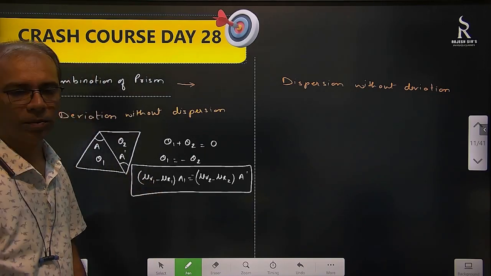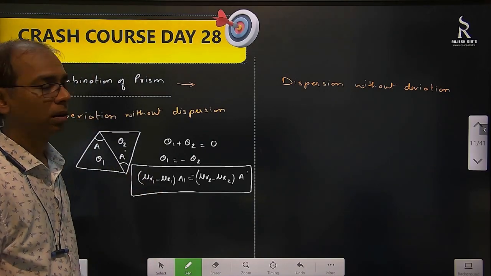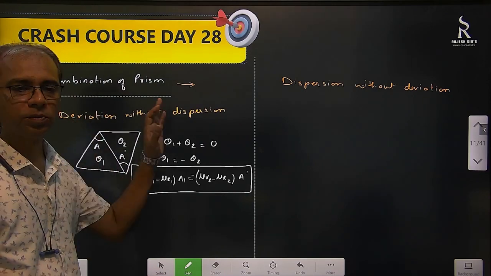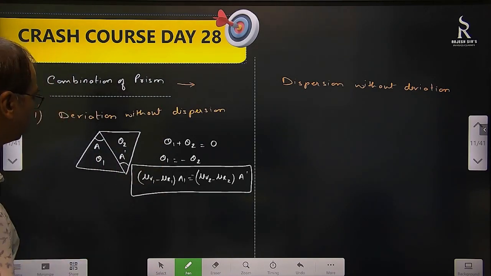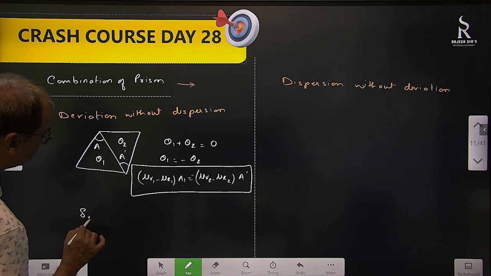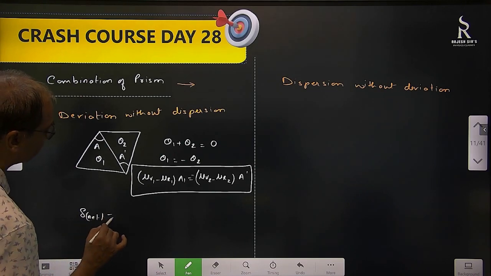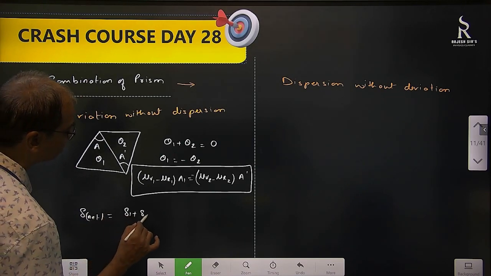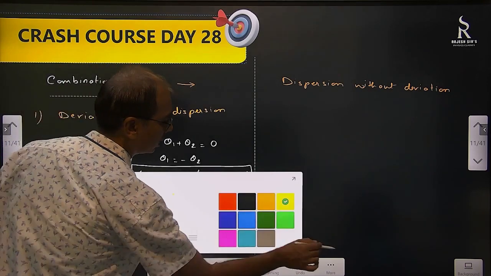First question can be asked from this. Next question will be, what is the net deviation? Dispersion is 0. What is the net deviation? The net deviation will again be produced by both, delta 1 plus delta 2. So what is delta 1?